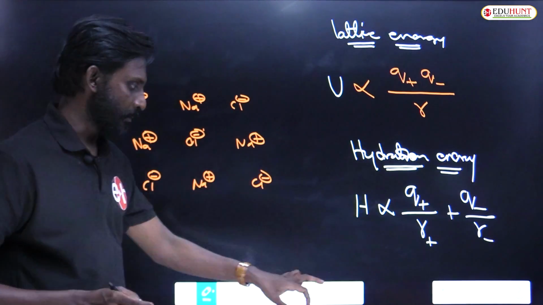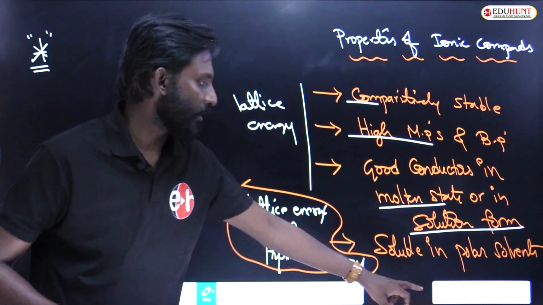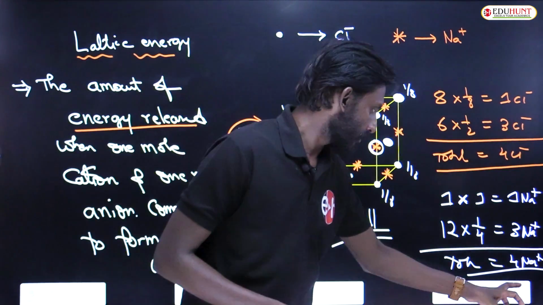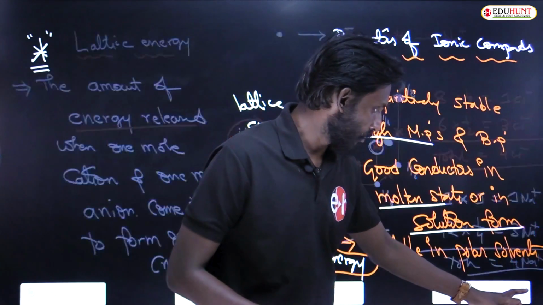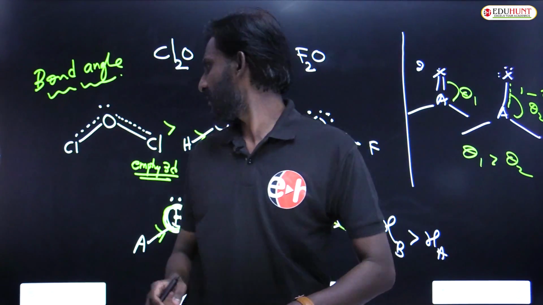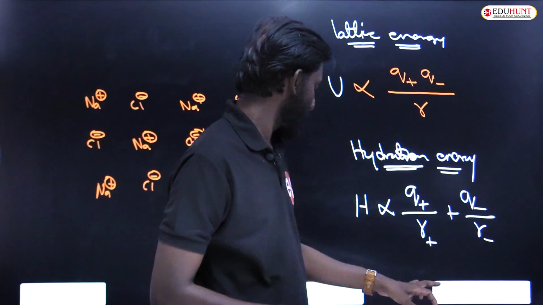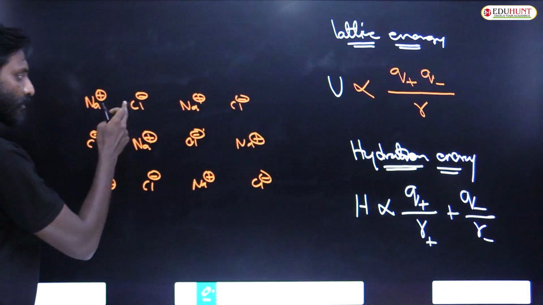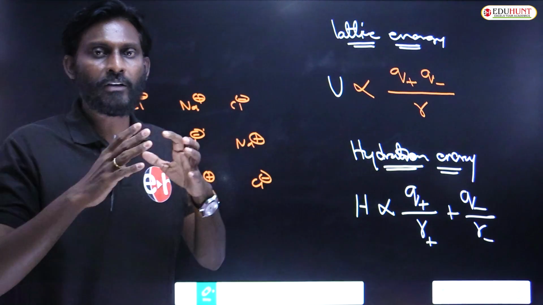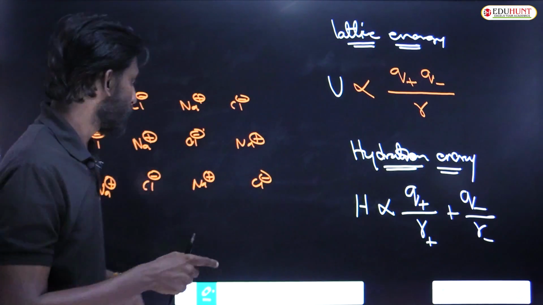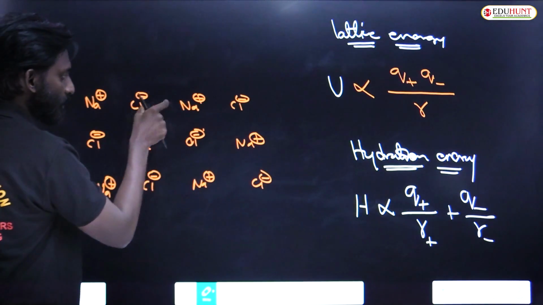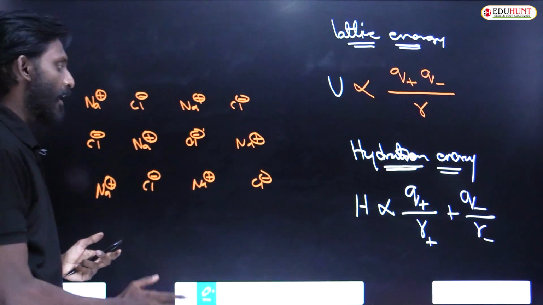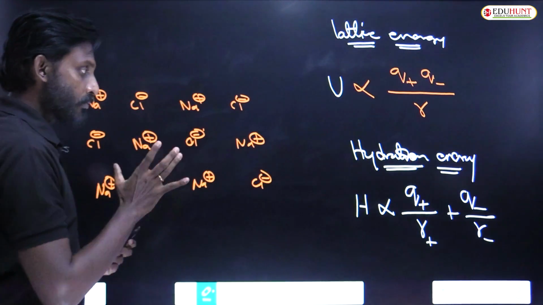Now, in the previous class I explained the lattice. This is the lattice, three-dimensionally. Now I have taken just two or three layers. Between this Na plus and Cl minus there is an invisible attraction. Ionic bond doesn't have any direction. That attraction is called ionic bond. This is how the entire lattice is formed. So this is the crystal.